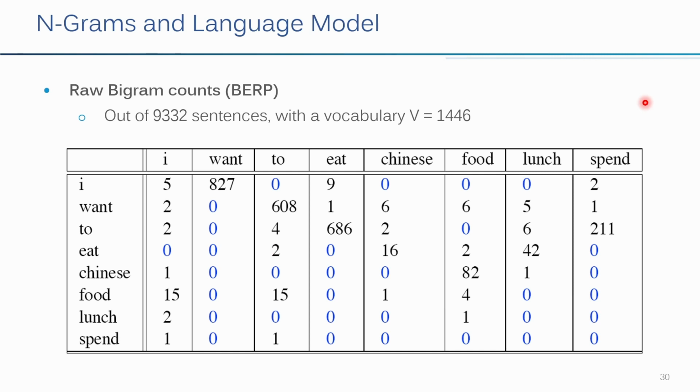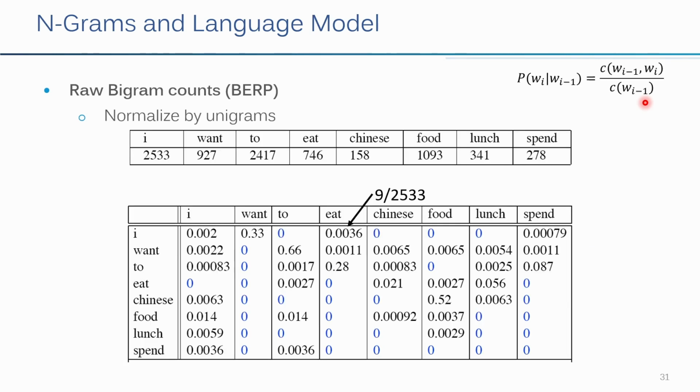So how do we calculate the probability using the formula that we just learned? In this case, we look at the co-occurrence of the word that we're trying to predict and its immediate predecessor. So here it's I eat.